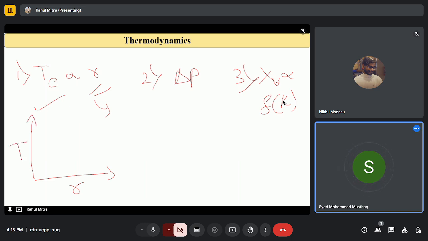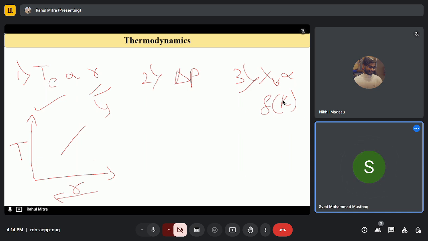So when I decrease the size of the particle, the temperature also got reduced, right? So this is our decrease in size, so our melting point also decreases. This is what we have proved.